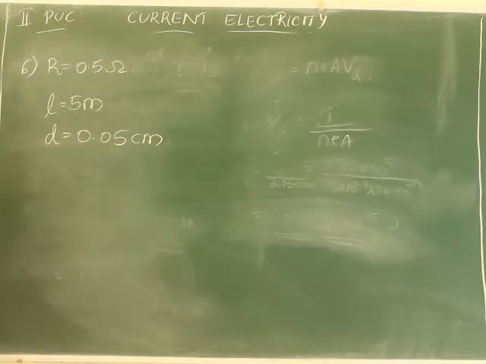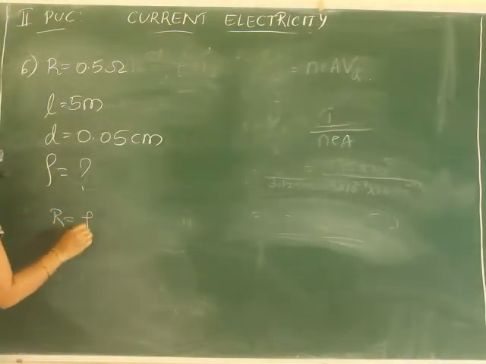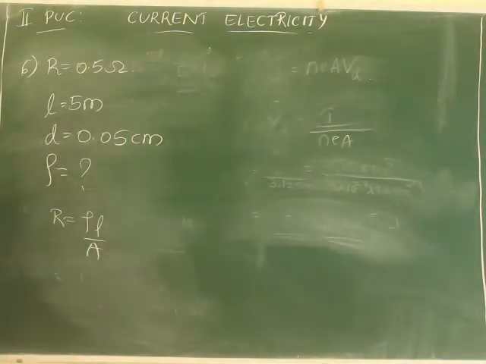What is the resistivity? Correct? Rho you have to calculate. What is the relation between R and rho? R is equal to rho L by A. Do we have R? Yes. L? Yes. Area, can we calculate? Yes, we can calculate using area of cross section, which is nothing but pi r square, correct?